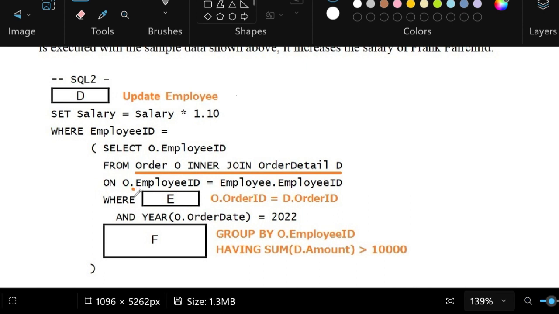We use the order, that's why it has O here, to know the employee ID, and we can get more details about the employee by connecting the order table using its employee ID with the employee table using the employee ID that is also there.